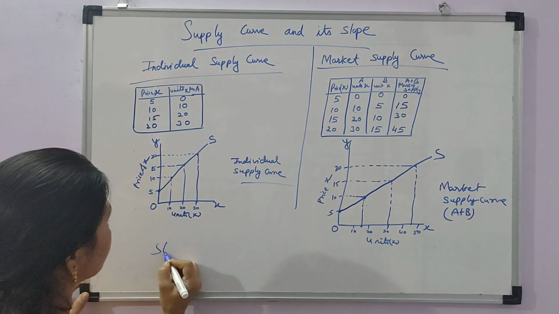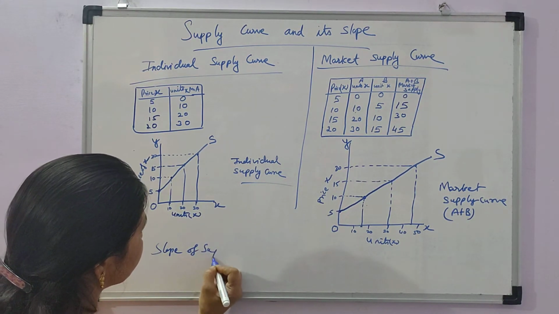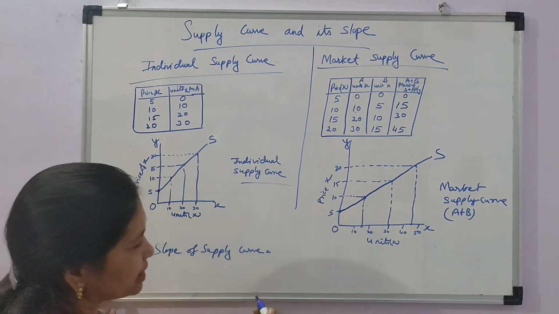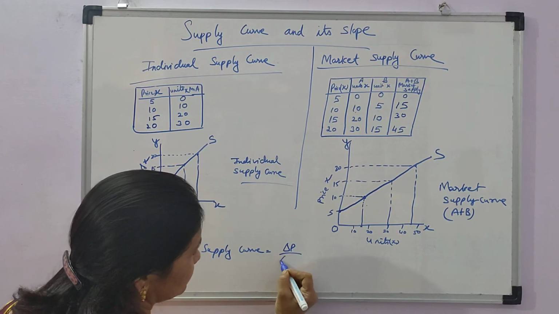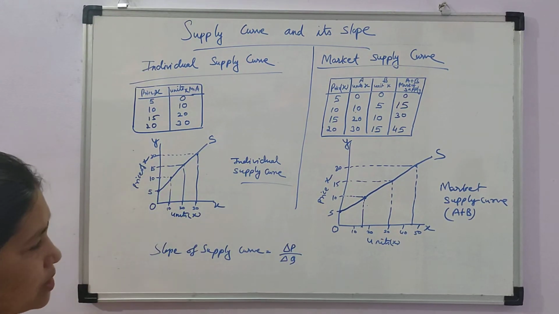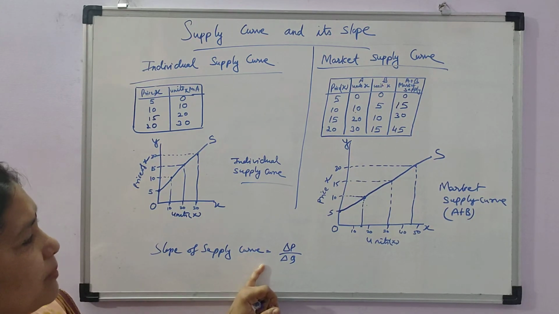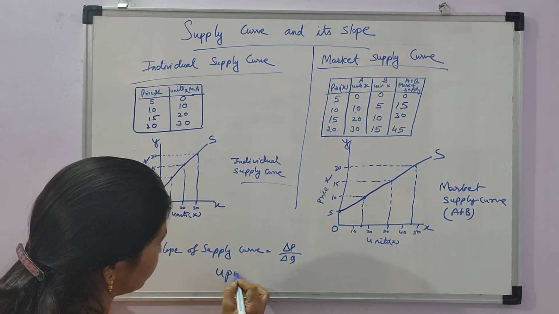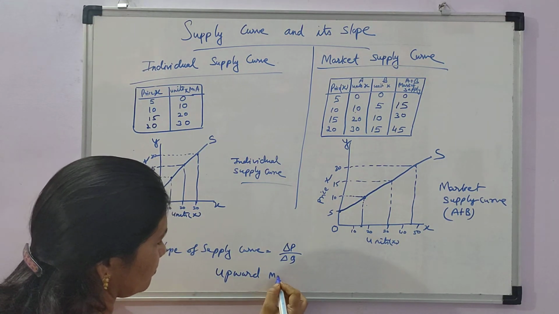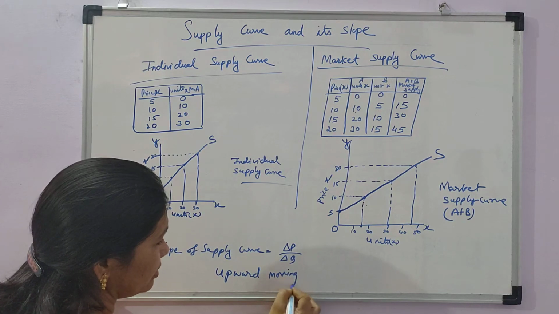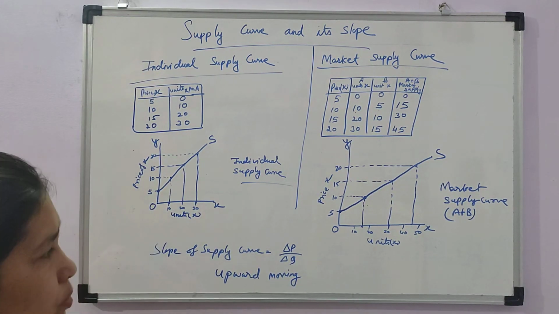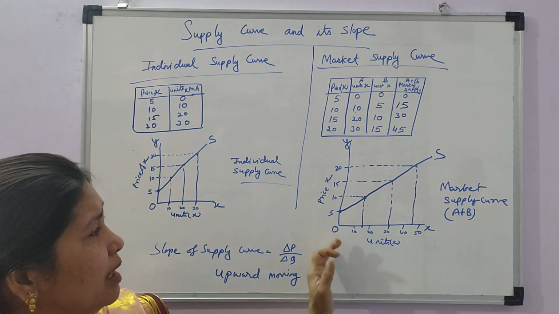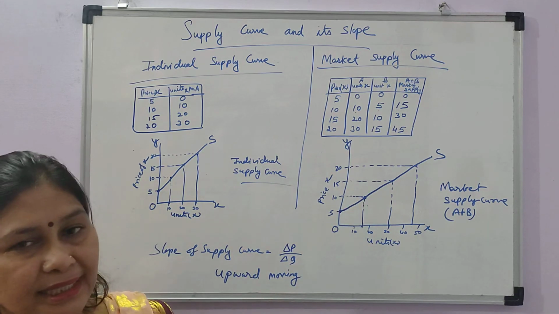So the slope of the supply curve is a straight line moving upward, that is change in P upon change in Q. When the price changes, the quantity also changes, so the slope of the supply curve is moving upward, and it is also known as positively sloped. The relation between supply and price is positive, and it is moving upward, a straight line curve moving upward.